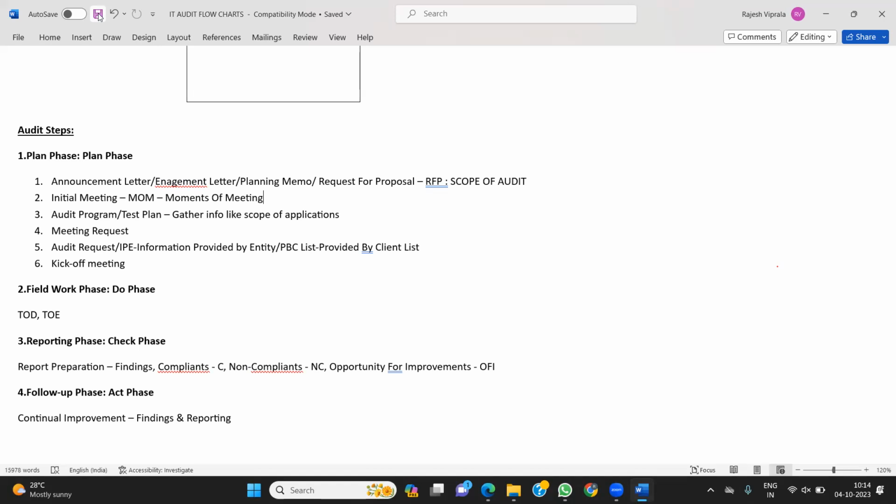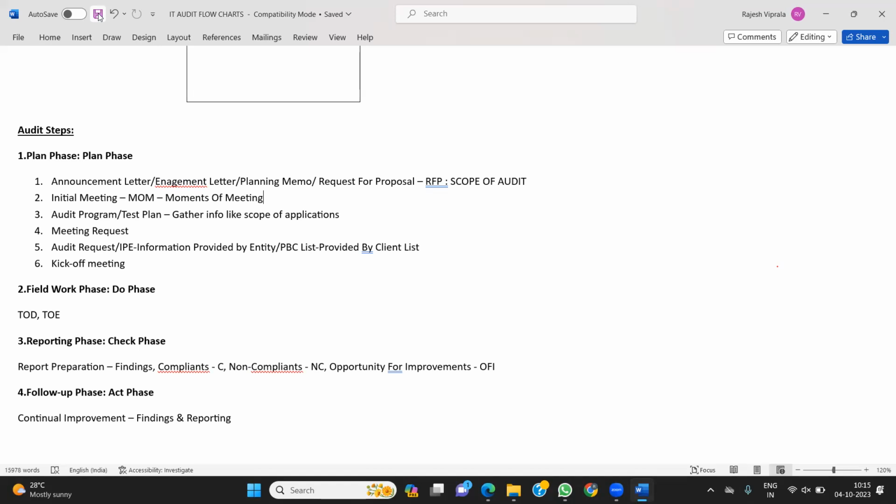Kickoff means the first planning of the audit program. That means since they know all the details about the audit, now it is the plan that they have to do for designing the controls or the checklist. In this, they do two things, TOD and TOE.